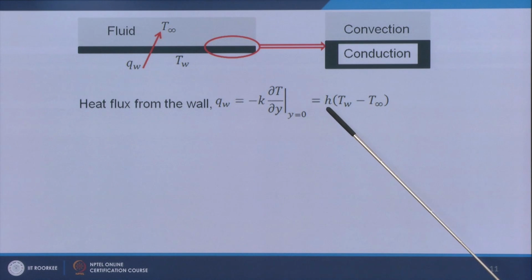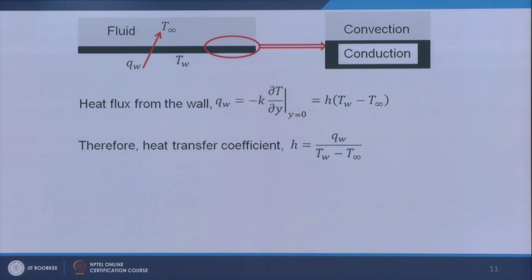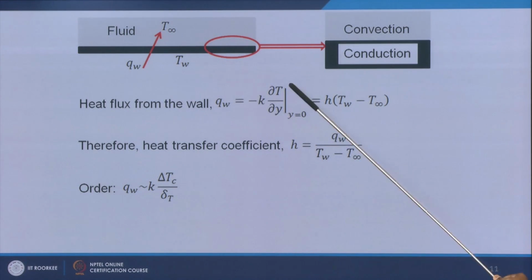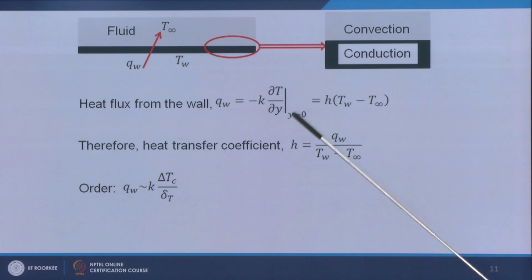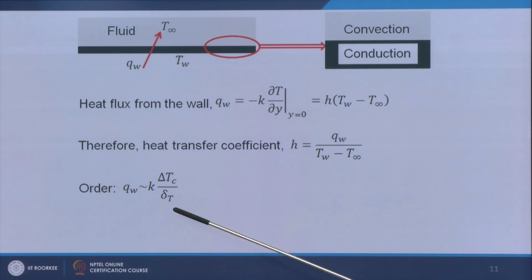So from convection we can write H into Tw minus T infinity. So from here the heat transfer coefficient H is nothing but Qw by Tw minus T infinity. Qw from here is of the order of K delta T by delta T, where del Y will be coming as delta T.